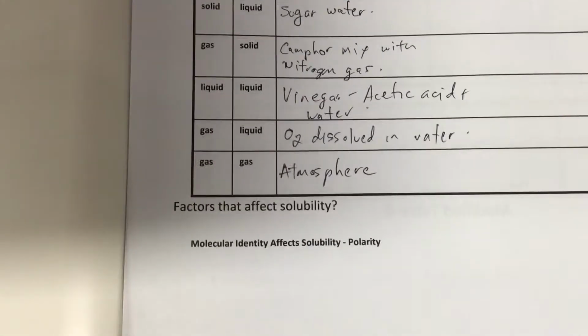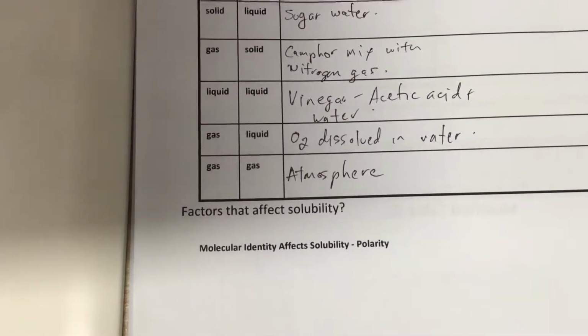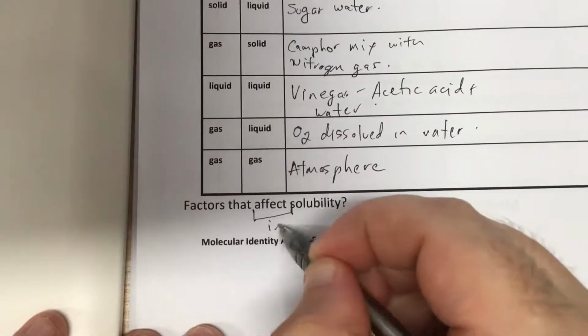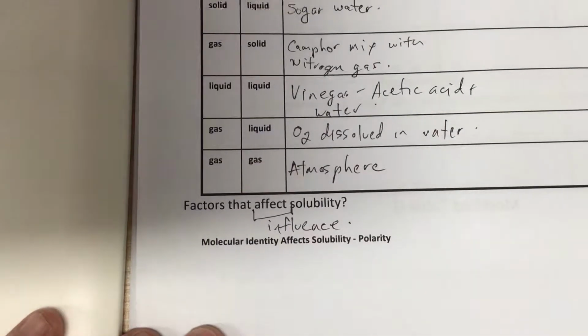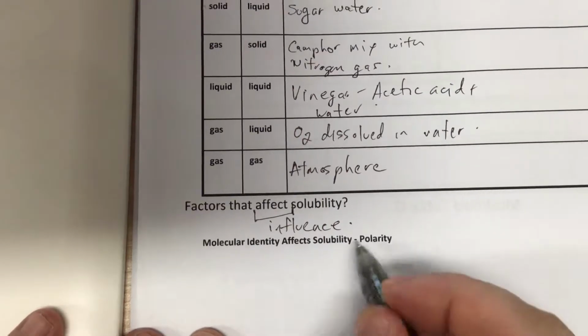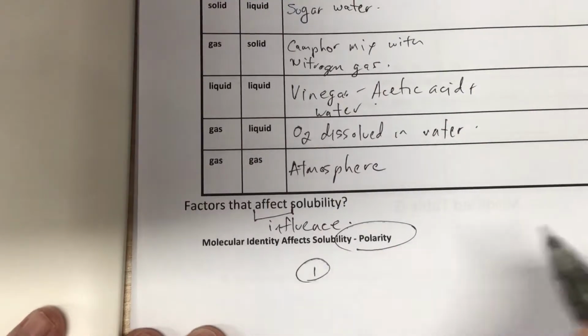Okay, so at the bottom here we have the different factors that affect, careful, affect, not defect. Affect means influence the amount that something can be dissolved into something else. One of the big ones we looked at was polarity of the molecules. How do you determine that? Two things.